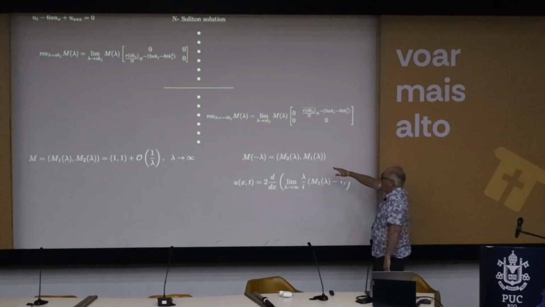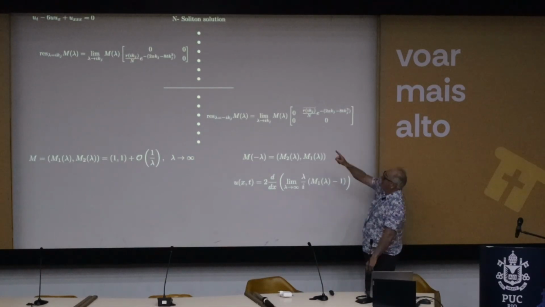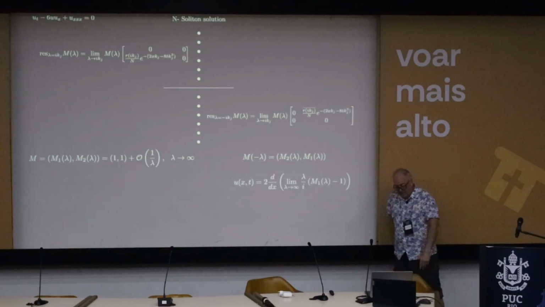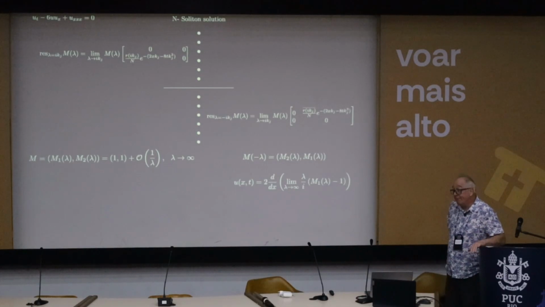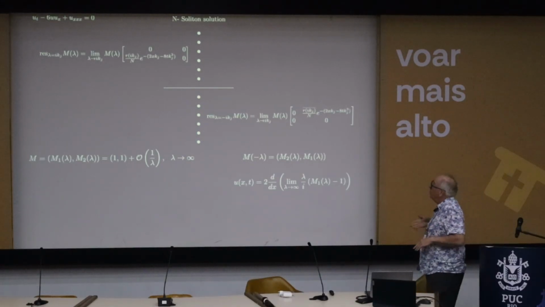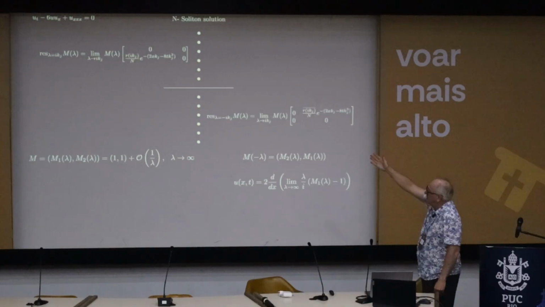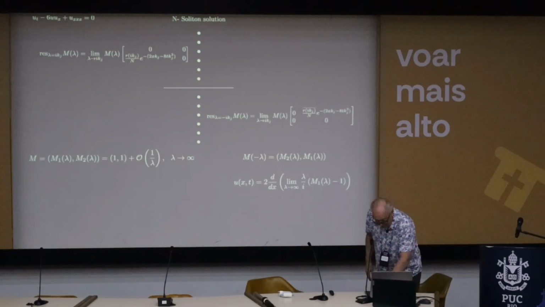If you can find m1 and m2, then this formula here is the way in which you can produce the solution of that PDE in the upper left-hand corner. You just take a moment at infinity, and that gives you the solution. So you see a picture like this, and you think that determines a solution of the partial differential equation by this procedure.